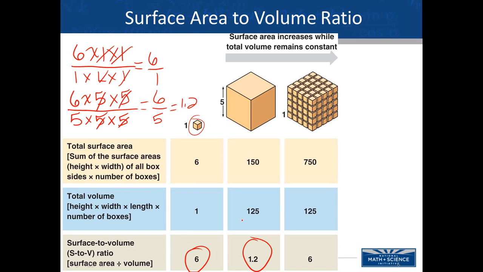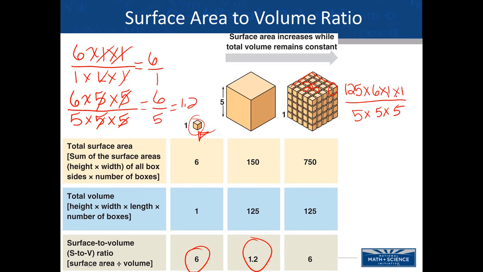Each one of these cubes is going to be the same size as the original one, and if we counted this up, this is 5 here, 5 here, and 5 here, so there are 25 on a layer, and there are 5 layers, so times 5, there are 125 cubes in this larger structure.